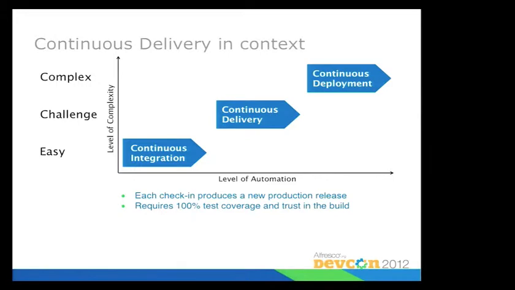And it requires trust in the build. You have to be able to script all your tests 100%. You need some very sophisticated deployment tools for that. So what is done most of the time is that they build up two parallel production environments that are actually mirrors of each other. It's called a blue-green deployment. So you deploy to one cluster at one point in time, then switch all the traffic to that cluster, the next build goes to the other cluster, and they switch around the whole time.